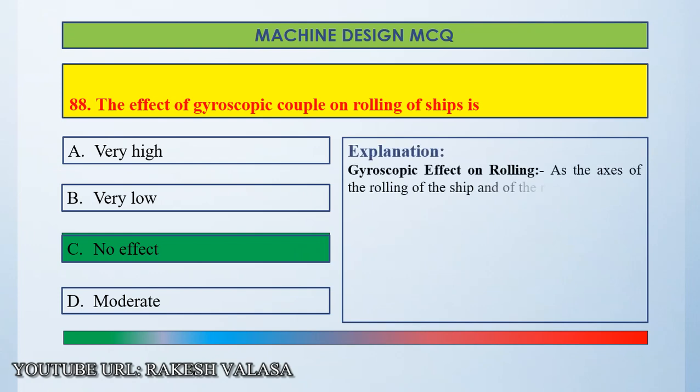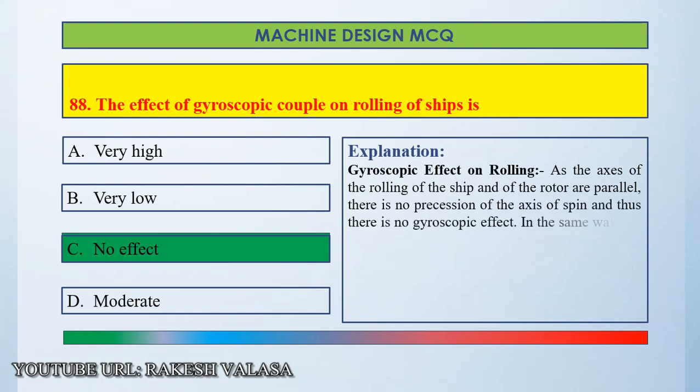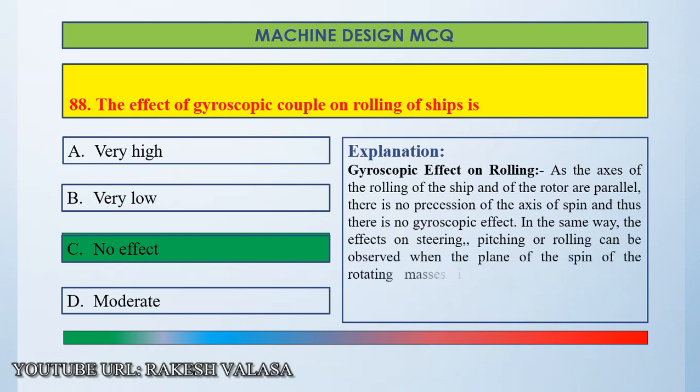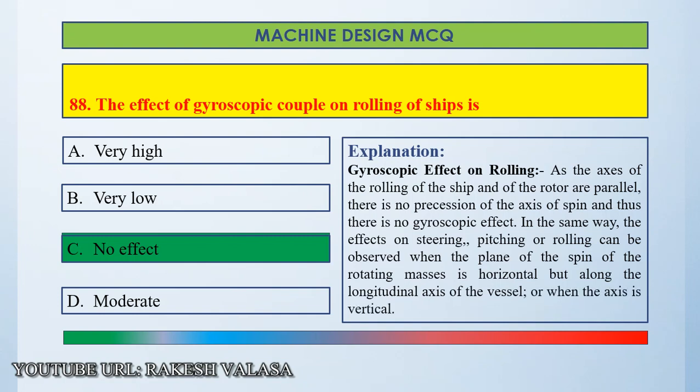In gyroscopic effect on rolling, the axis of rolling of the ship and the rotor axis are parallel. There is no precession of the axis of spin and thus there is no gyroscopic effect. In the same way, the effects on steering, pitching or rolling can be observed when the plane of the spin of the rotating masses is horizontal but along the longitudinal axis of the vessel, or when the axis is vertical. So the correct answer is option C, there is no effect.